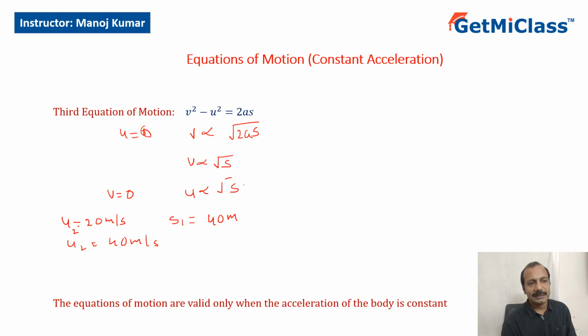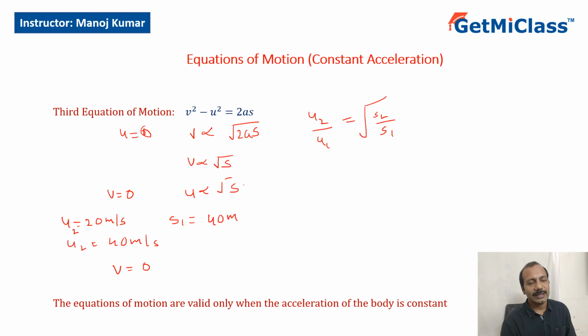Because in this case the final velocity is 0, u is proportional to root s, so I can directly write u2 by u1 is equal to root of s2 by s1, where s2 is the distance the body covers before stopping in the second case, and s1 is the distance the body covers before stopping in the first case.